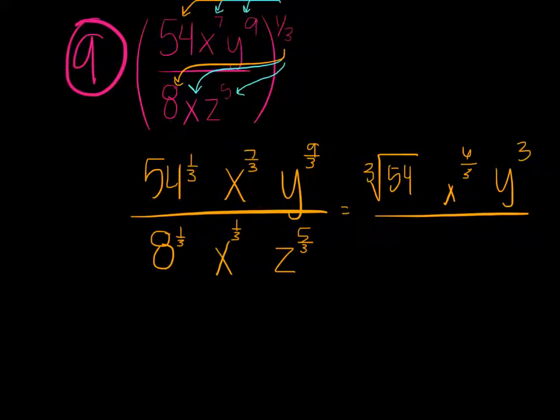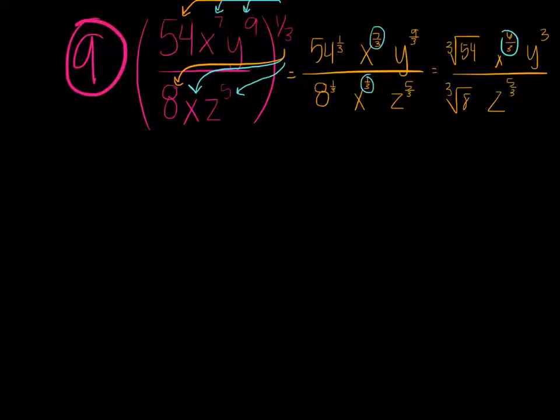On the bottom, that's going to be the cubed root of 8, and then we got rid of the x to the 1/3 when we canceled this 7 minus 1 when we got 6, so it's no longer on the bottom. And then we do have z to the 5/3 on the bottom.